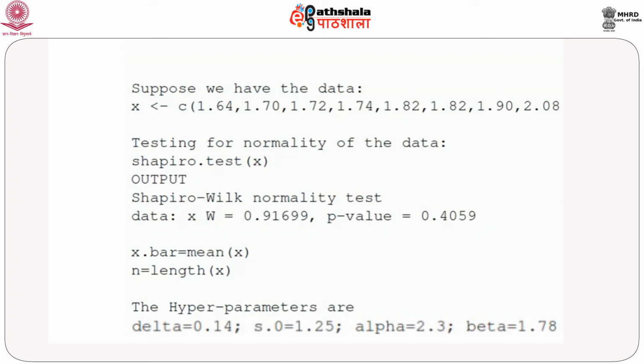Let us assume some hyperparameters, and we have our regular assumptions of the conjugate family of prior distributions. We assume delta, S naught, alpha and beta are of the following values.